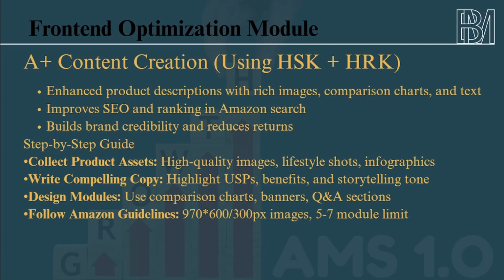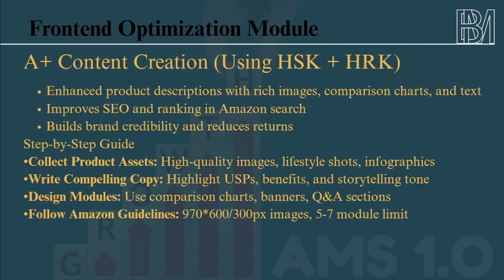Thirdly, design modules. Use comparison charts, banners, and question and answer sections if you have any. If you don't, then there is no issue. You can use multiple lifestyle shots, infographics, or other images in the particular modules. After that, there is one Amazon guideline you have to follow.